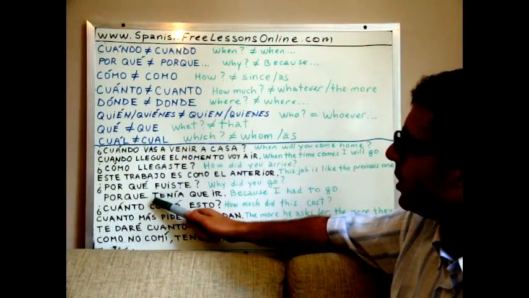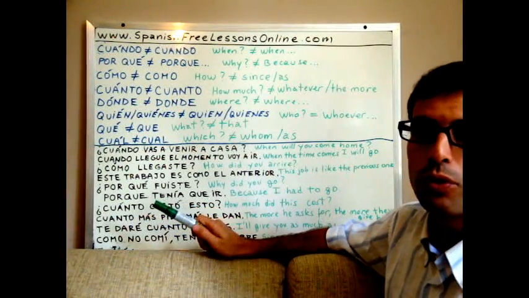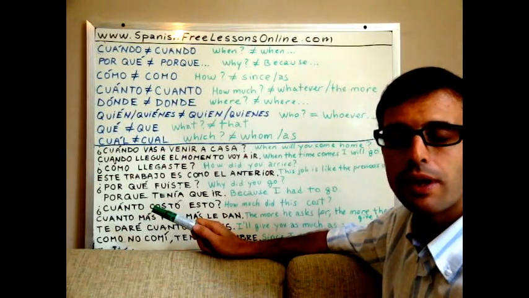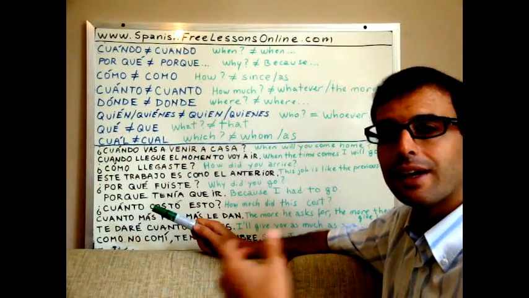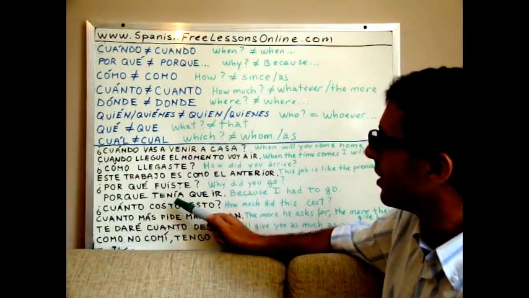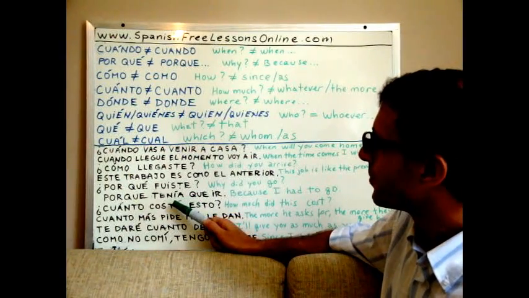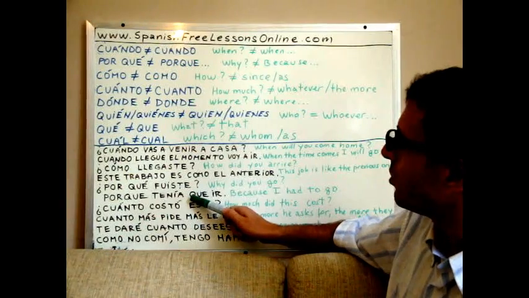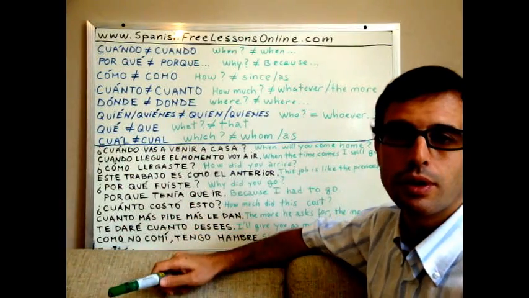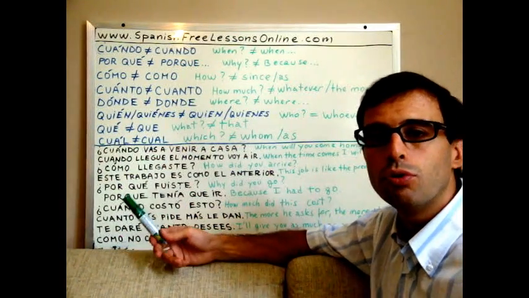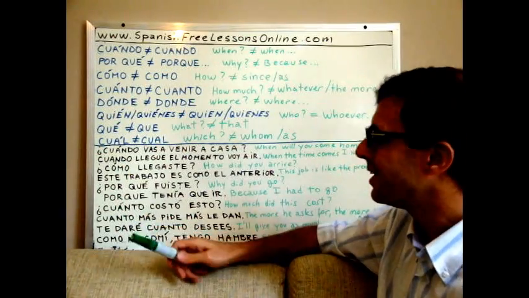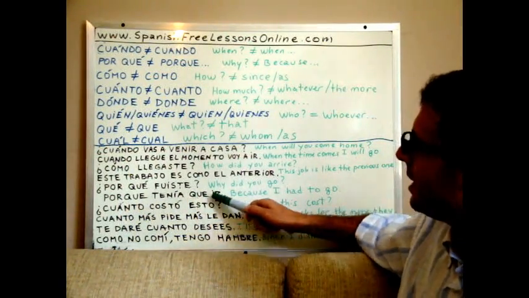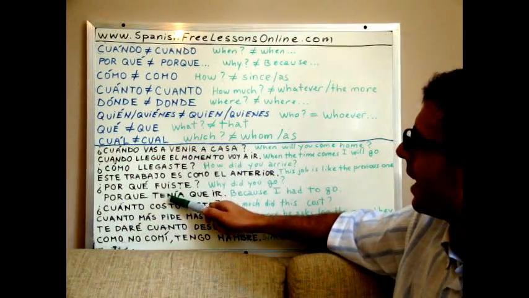But here, when we use the verb tener, or to have, when we say have to in Spanish, we use tener que. So, for the verb have to in Spanish, we use the word que, with the same meaning as the word to in English. Have to go. Tener que ir. Porque tenía que ir. Because I had to go.